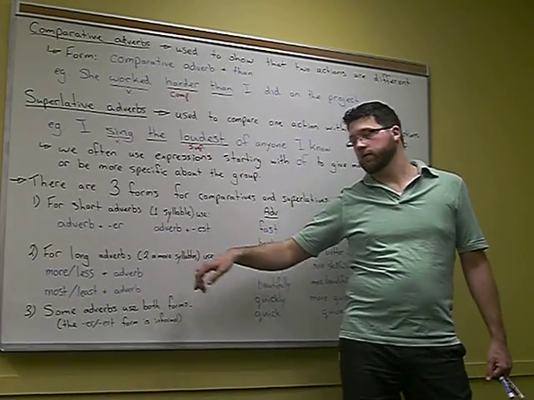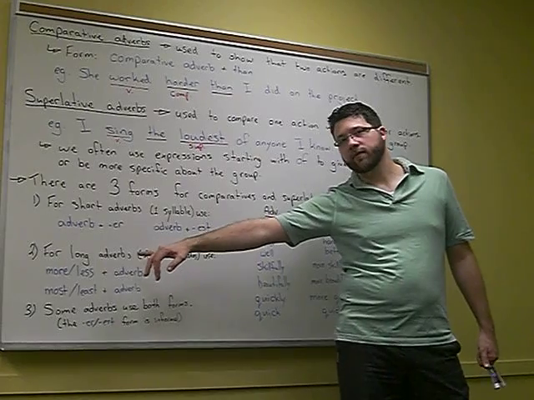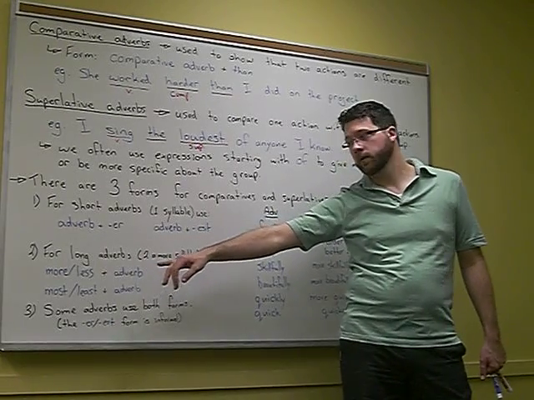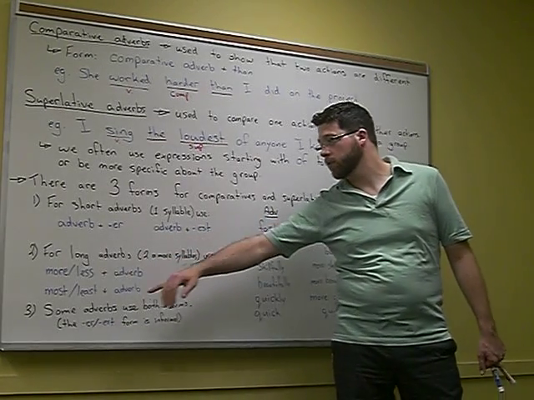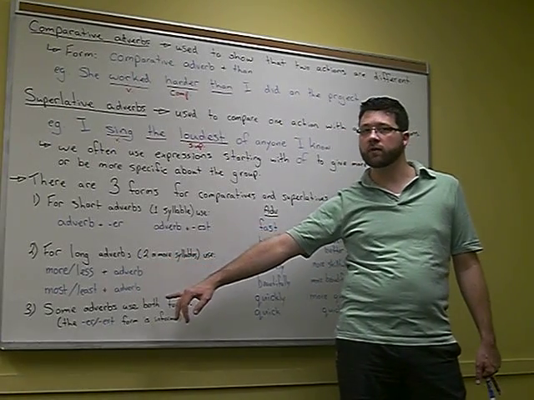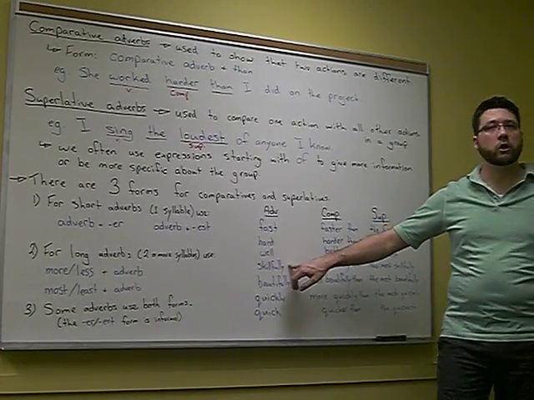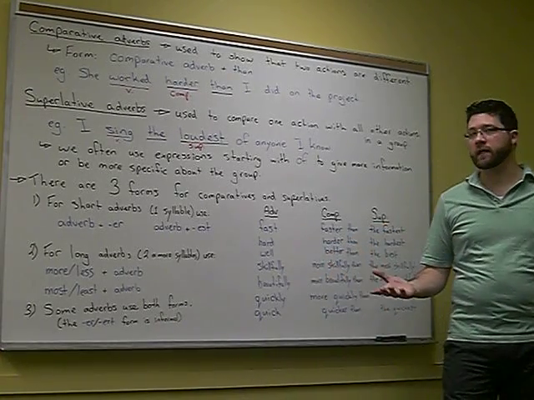For long adverbs, so two or more syllables, we use more or less plus the adverb for comparatives, or most or least plus the adverb for superlatives. So, a long adverb, skillfully.